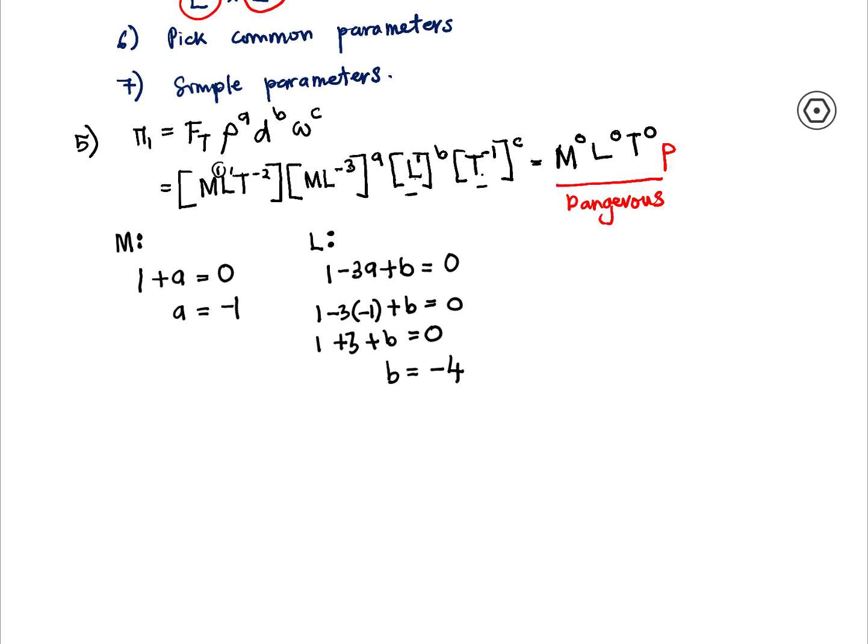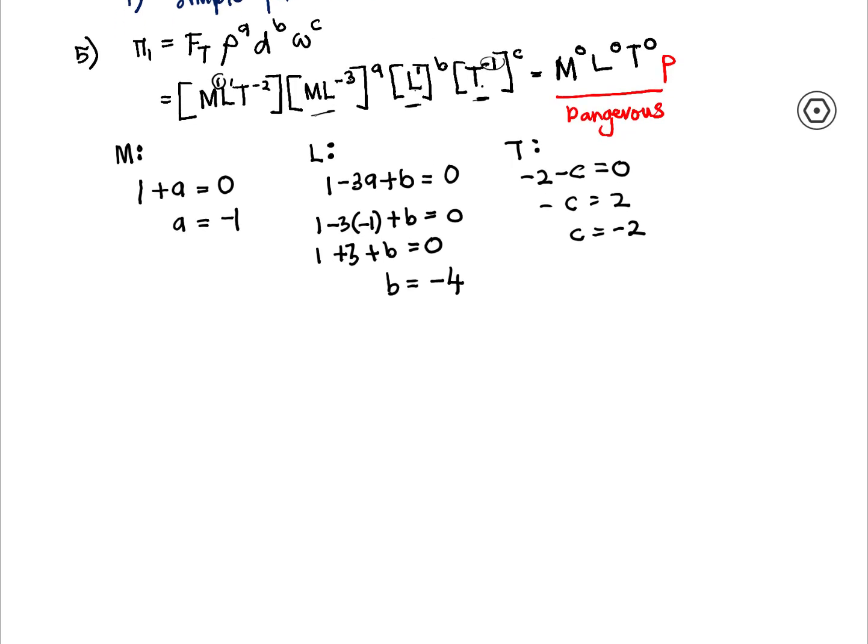And last is T. Okay, T: negative 2, so negative 2, and then there is no T here. Same with here, and here is T to the power of minus 1 times C, is minus C, equal to 0. C is 2 minus C is equal to 2. C is equal to minus 2.